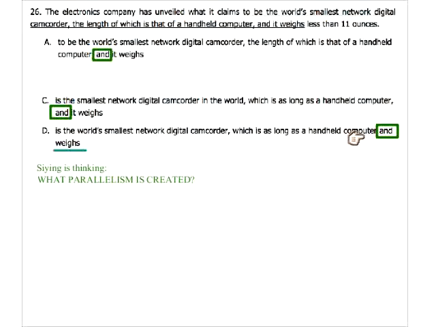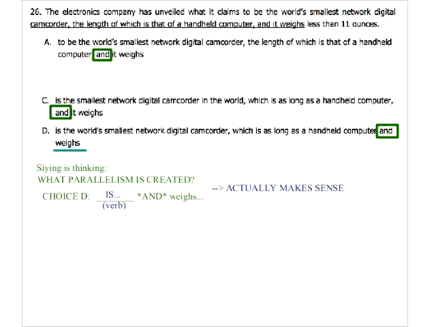What's parallel to "weighs"? It is. So in choice D, it's another verb, right? So in choice D, we know that we're looking for blah, blah, blah, and weighs. So in this blank right here, we need another verb that creates the parallel structure. So that's going to be "is."